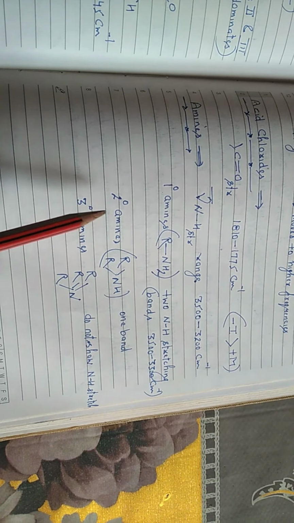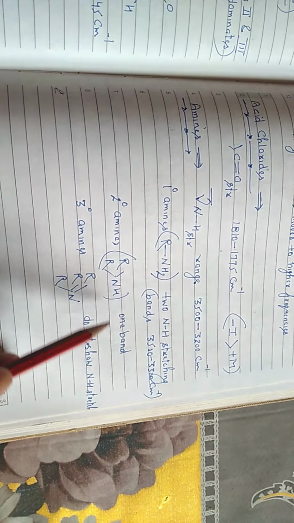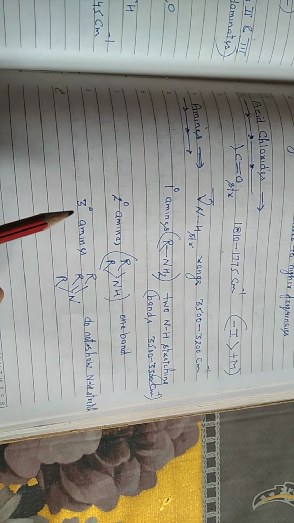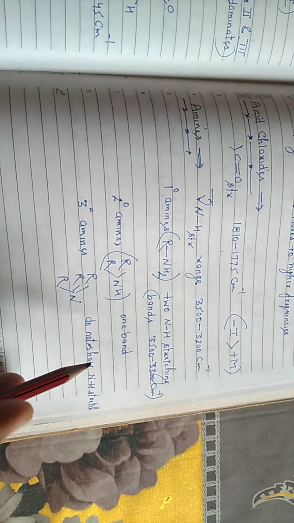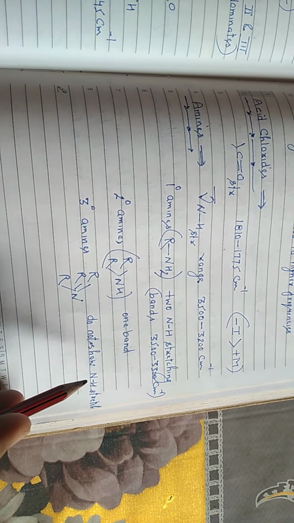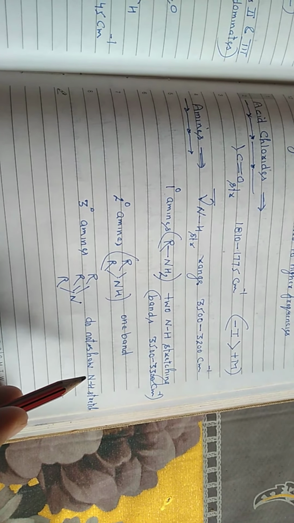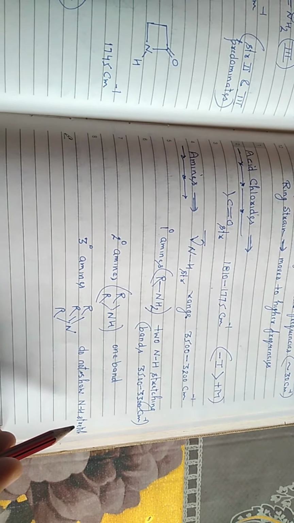If the compound is a primary amine, then we get two nitrogen hydrogen stretching bands between 3500 and 3300 centimeter inverse. If the compound is a secondary amine, then we get only one band, and if the compound is a tertiary amine, we do not get any NH stretching frequency.